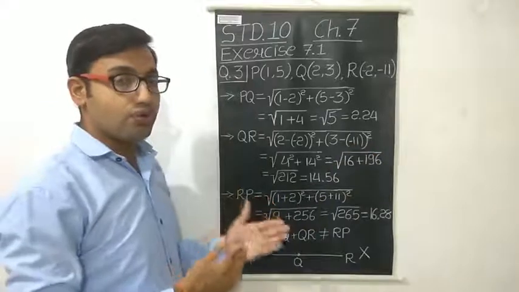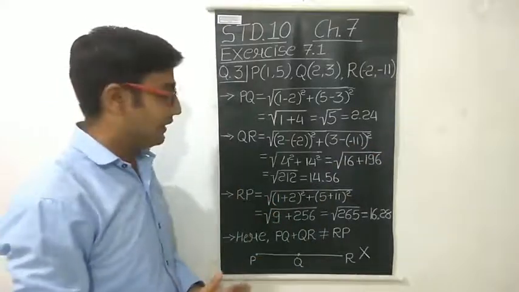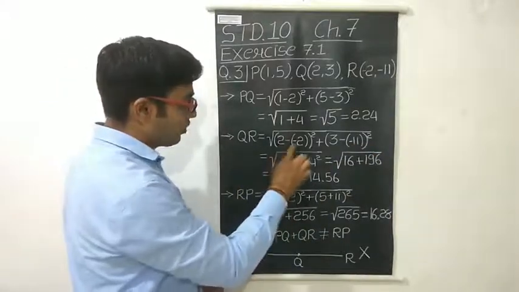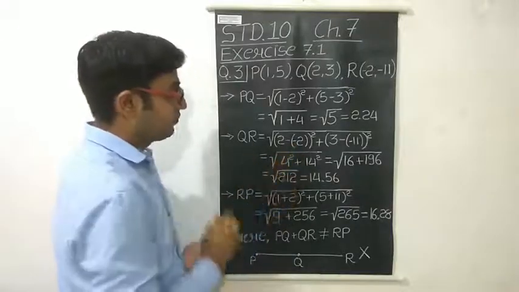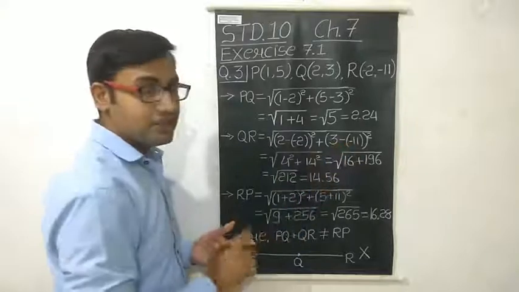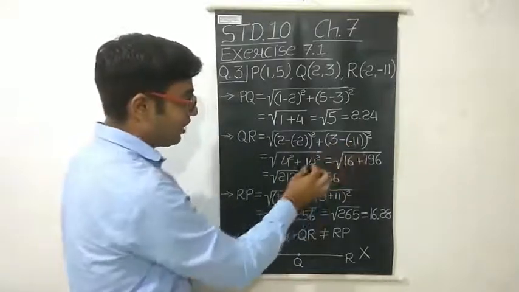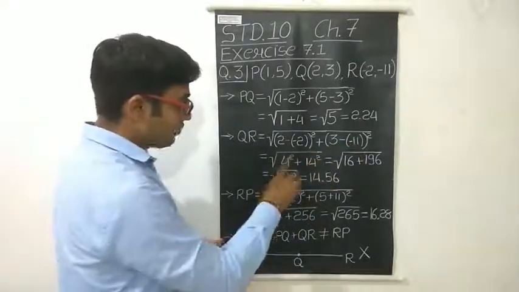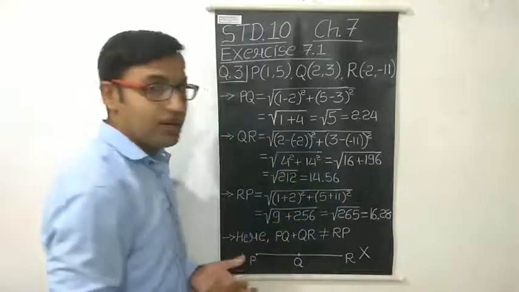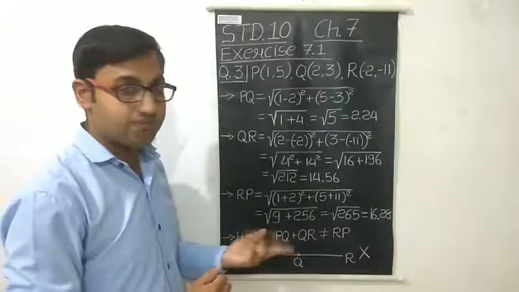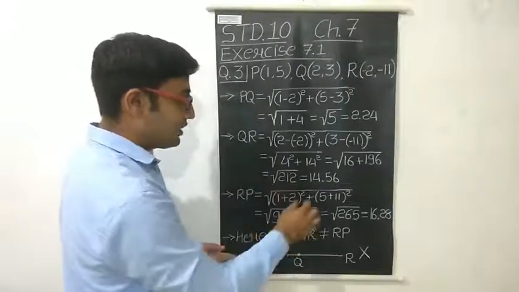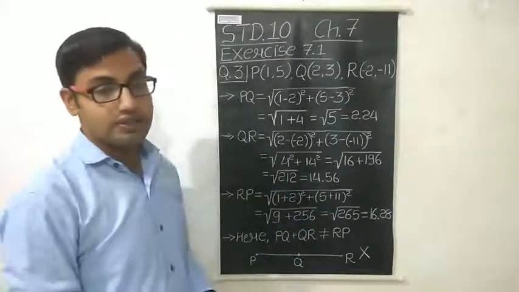We have to put both the minus values. So 2 minus minus 2 becomes plus, 2 plus 2 is 4, 4 square. 3 minus minus 11, 3 plus 11 is 14, 14 square. So 4 square is 16, 14 square is 196. By adding both, we get under root 212, and the approximate value of root 212 is 14.56.